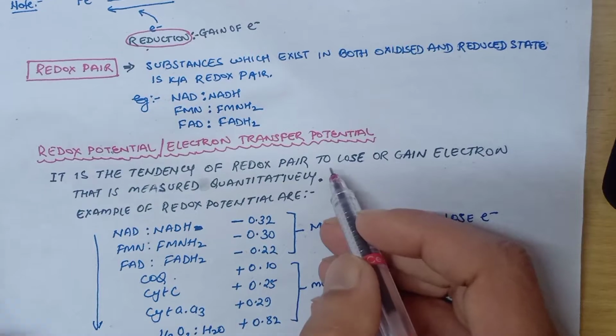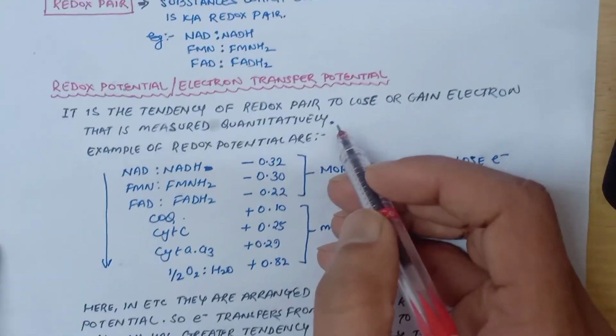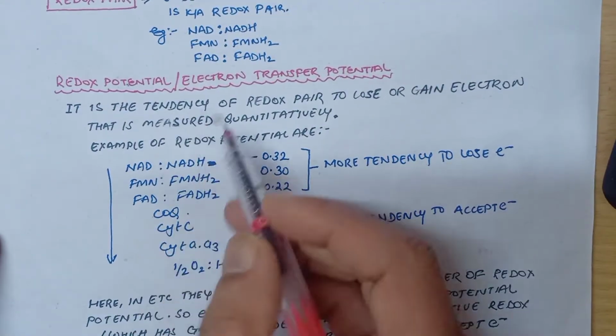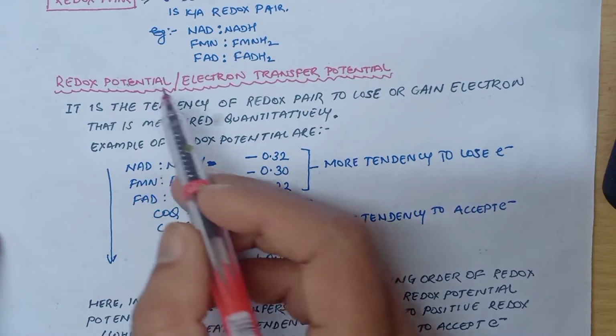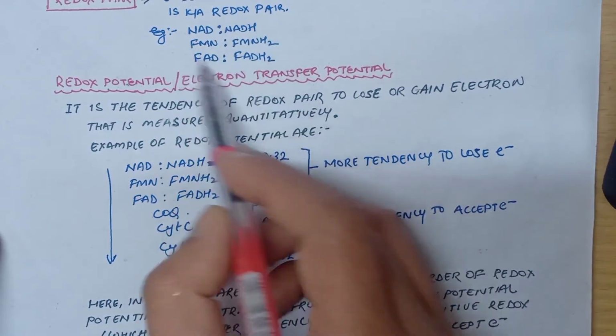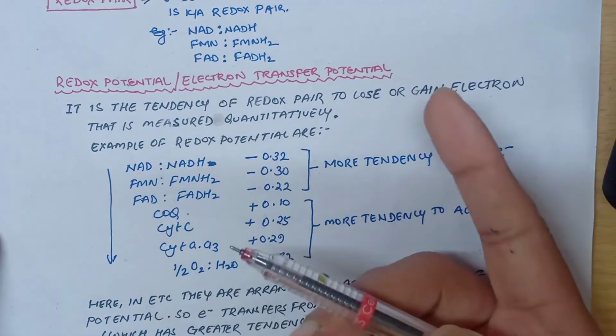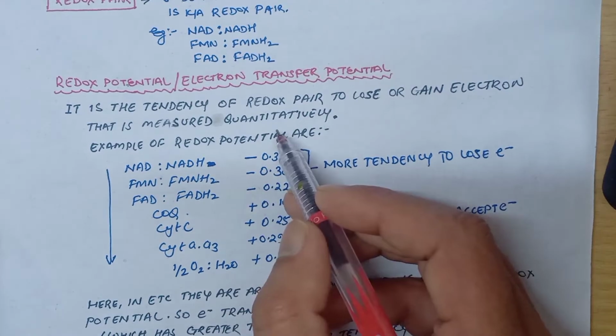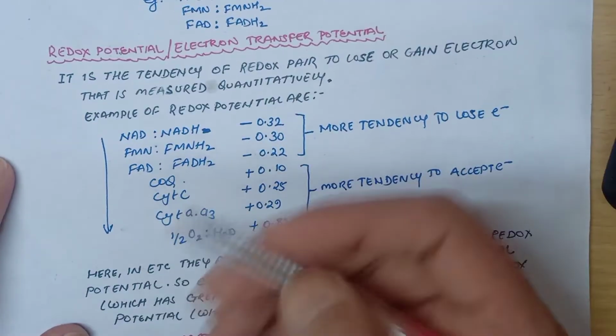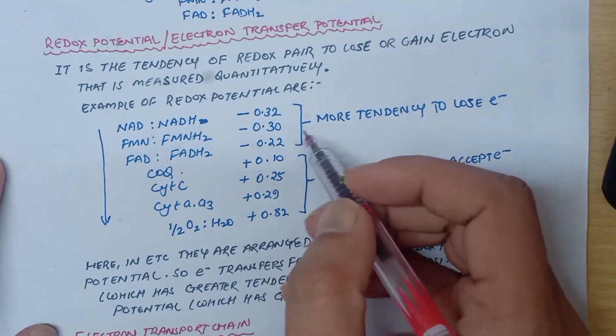Coming to redox potential or electron transfer potential. So what is redox potential? Redox potential is the tendency of a redox pair to lose or gain electrons, which is measured quantitatively. So what are the examples of redox potentials?